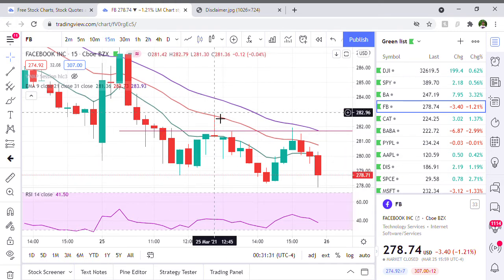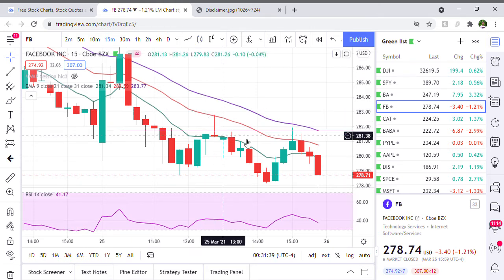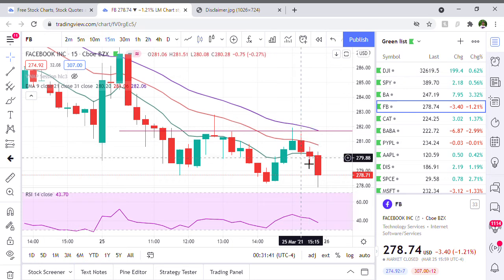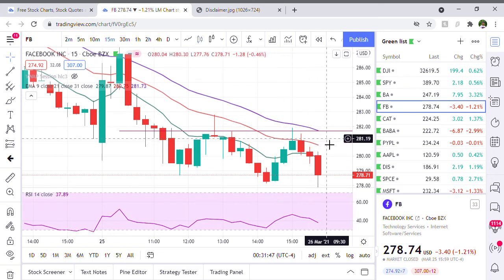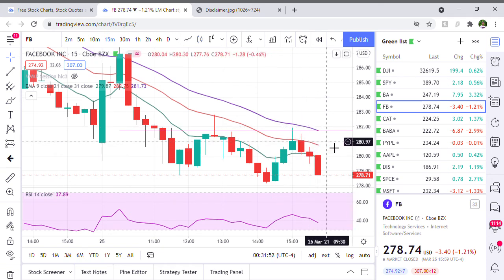In case you have a little more resistance, or if you can wait a little bit more: if the order of any of these three lines changes on the 15-minute chart, the first thing that will happen is that the green line will go above the red line. As soon as the green line, which is the 9 EMA, goes above the red line, your bearish trade ends.